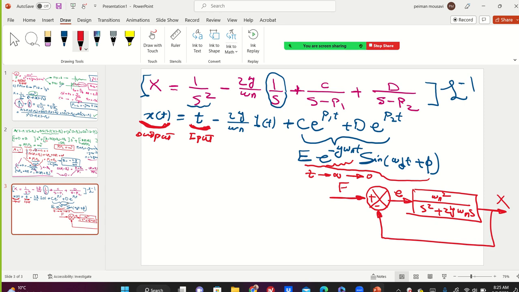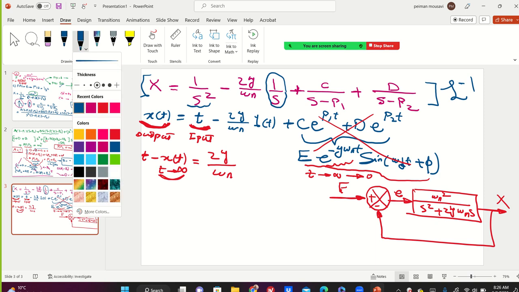So input minus output gonna be how much? Error signal. So t minus x of t when t goes to infinity, I'm saying, gonna be how much? 2 zeta over omega n. Why am I saying t goes to infinity? Because I say this goes to 0 at infinity.